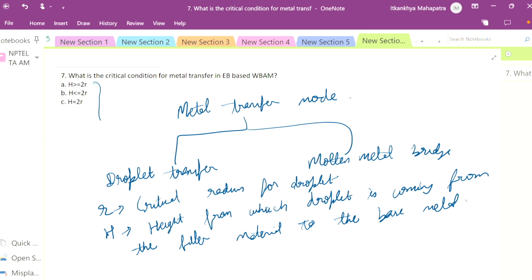Now the critical condition is when this height is greater than or equal to twice the radius. Okay, next question.